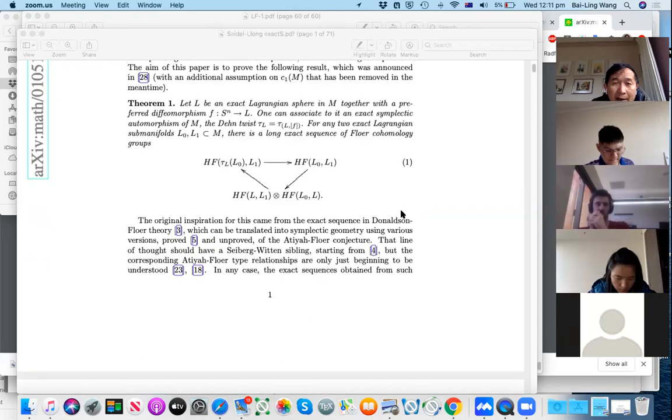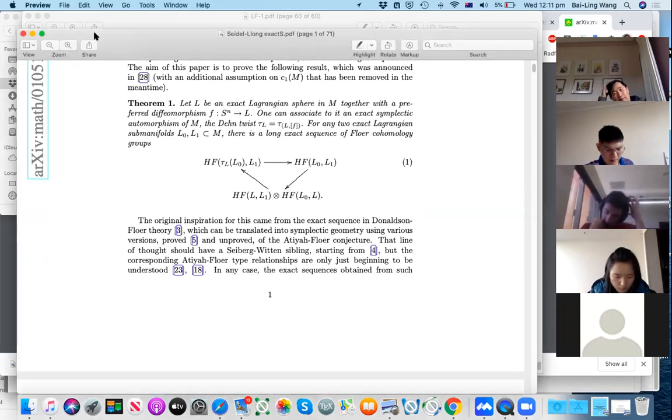Actually, I never read this paper before. Maybe I will have a look, try to make sense of it. Okay, I can't find the paper now, but after I find it I will send you a small example of the Dehn twist in symplectic topology.